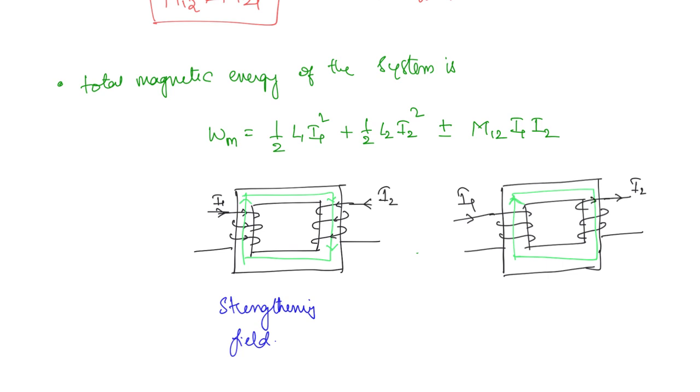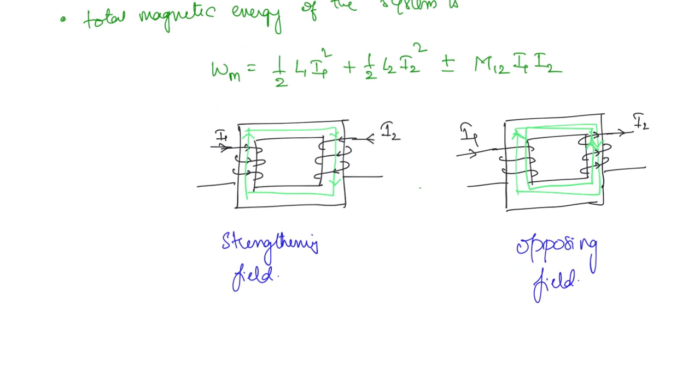Okay, so what will be the current direction here? It is going to be like this. Now if you apply the right hand rule, what will be the direction of the flux? There is going to be a flux which is opposite to that produced by I1. Okay, so here the fields are differential in direction, they are in opposite directions. Opposing field directions.